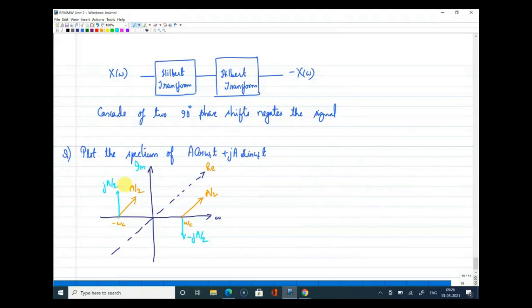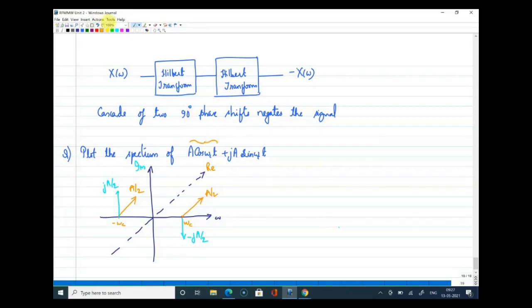So the final result will be a component with an amplitude of A at omega c. What I have done here is, I know that the cosine wave will have real components at omega c and minus omega c, which is A by 2 and A by 2, that I marked first.